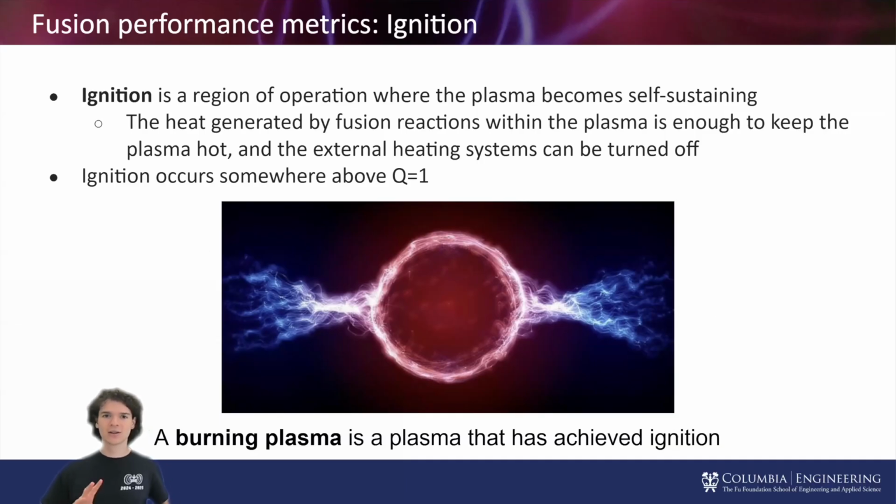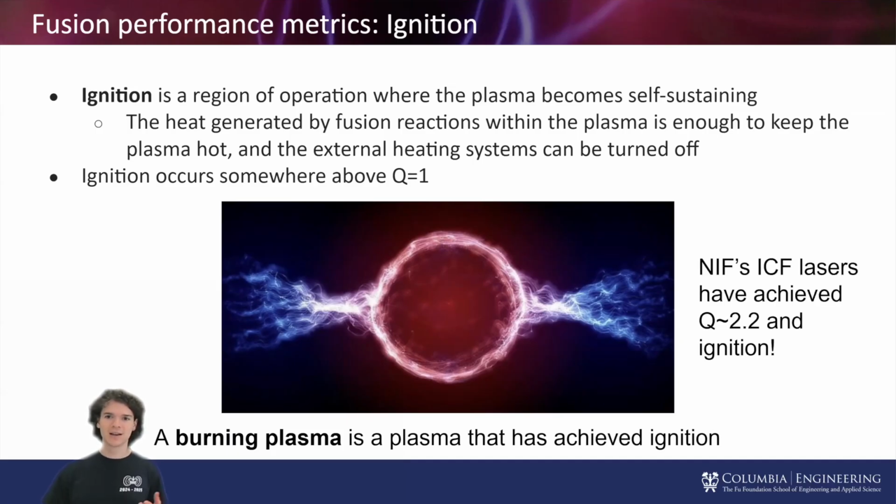That occurs somewhere above Q equals 1. I don't know exactly when the threshold for ignition was crossed, but NIF has achieved, the last I saw, a Q of 2.2 at ignition. And a burning plasma is a plasma that has achieved ignition. That's just a good term to know.